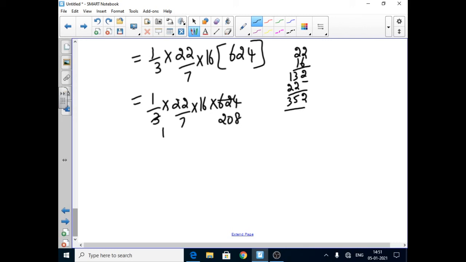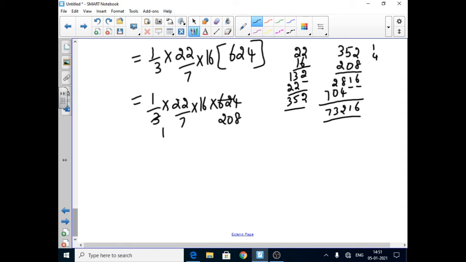So 352 into 208: 2 6s are 12, 5 6s are 30 plus 1, 3 6s... and so on, giving 73,216.